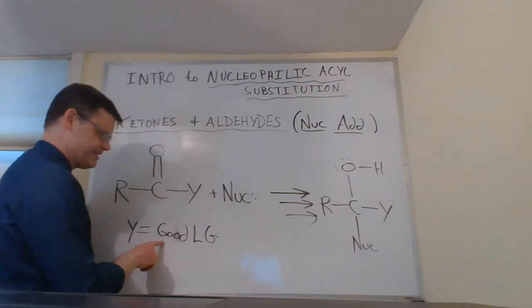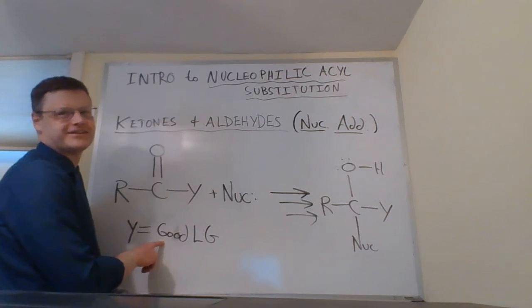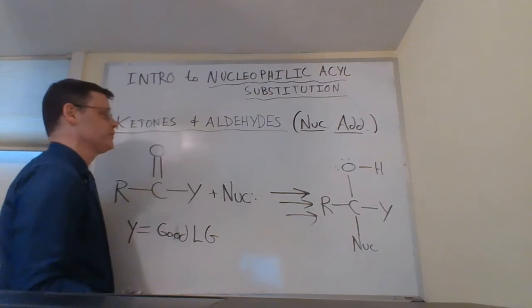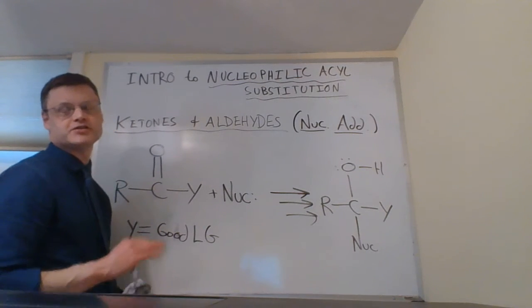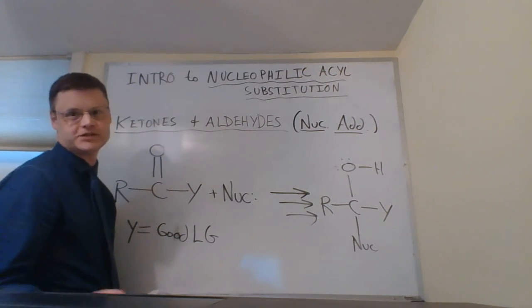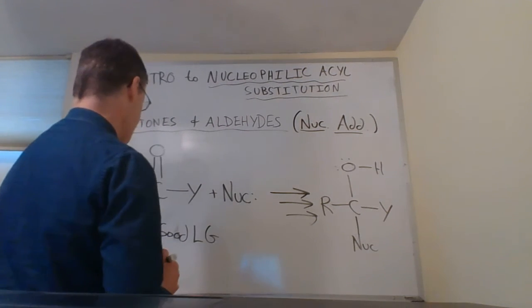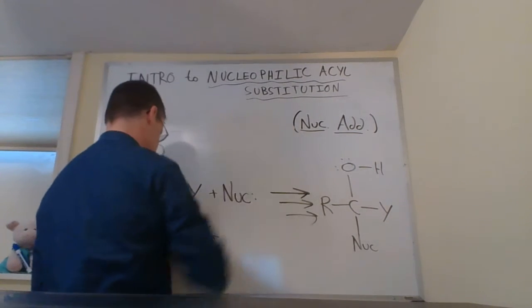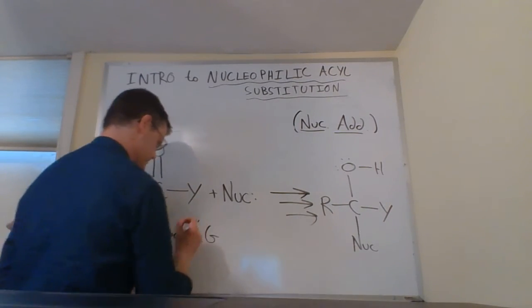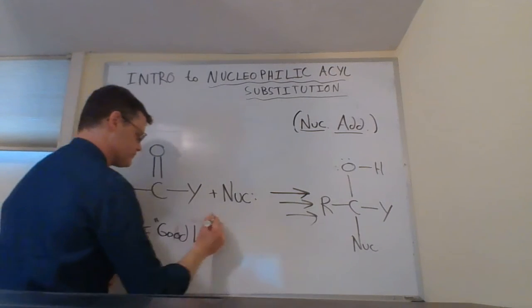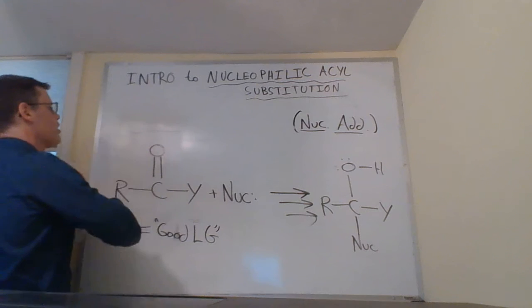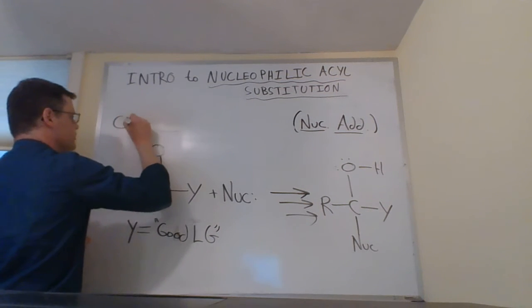Whether or not it's good depends on what type of reaction. The reason I say that is OH minus is a good leaving group for nucleophilic acyl substitution, but not for SN2. And so if Y equals a good leaving group, now we're dealing with carboxylic acids and their derivatives.